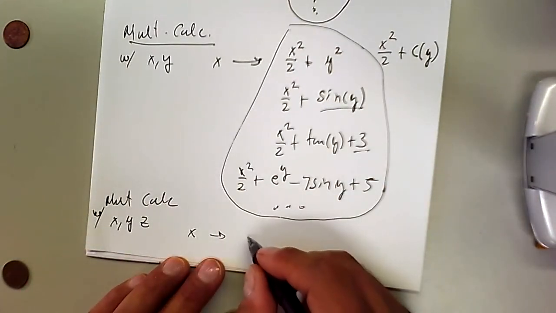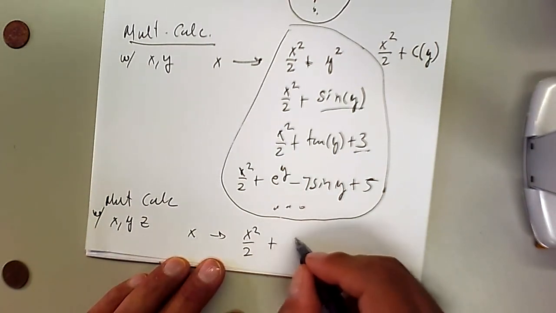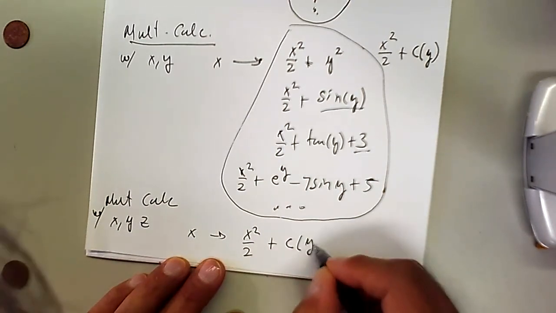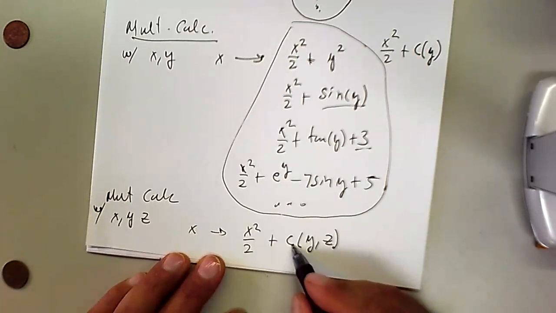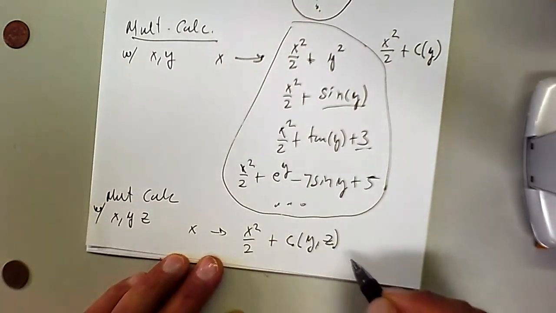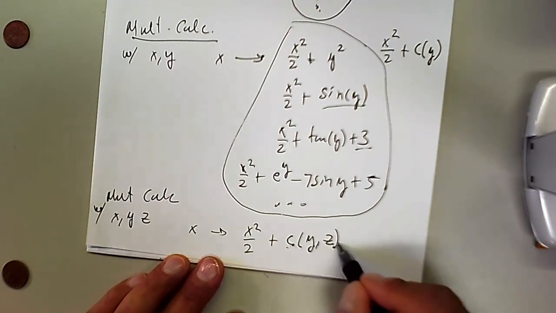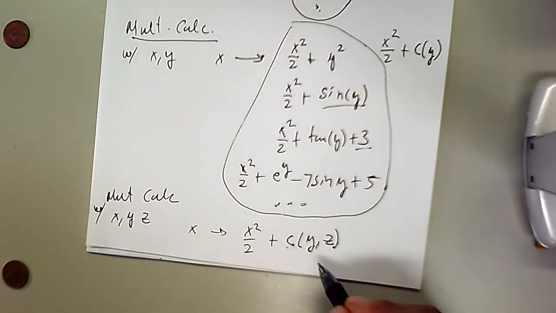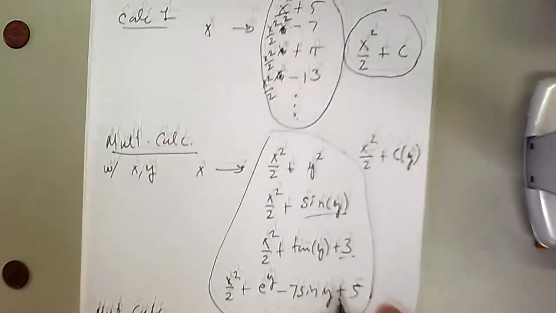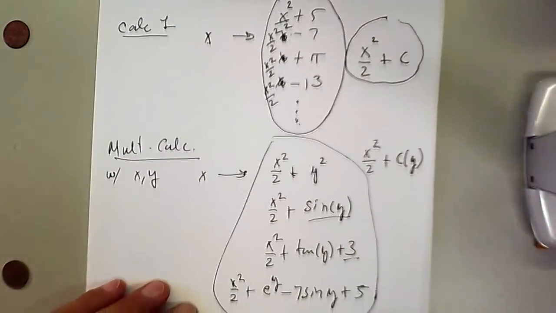I'm just going to say it could be x squared over 2 plus a function of y and z, which could be broken up into a function of y, a function of z, and a function of the actual combination of the two. So this can get more complicated, because you can have just y, just z, or a combination of terms. All right, this is it for partial derivatives.